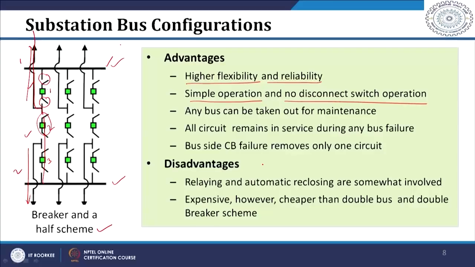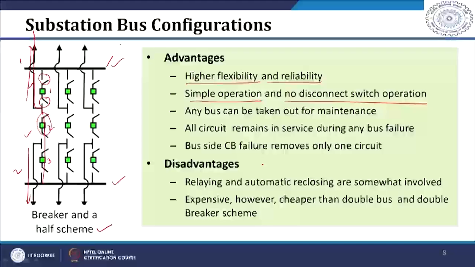All the circuits remain in service during bus failure. So if any of the buses fails, all the circuits can be connected to the other bus. So all the circuits will remain in service.